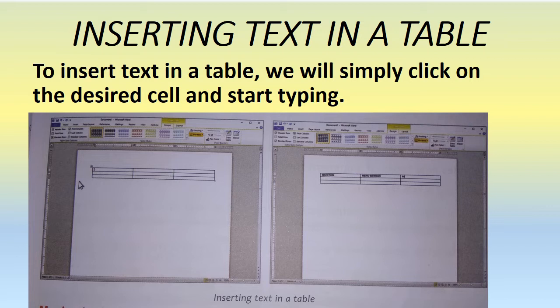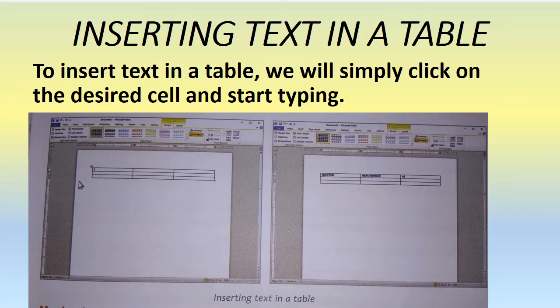To insert text in a table, we will simply click on the desired cell, means the cell in which you want to insert the data. In that cell just click. The cursor will start to blink there and then you can start typing.